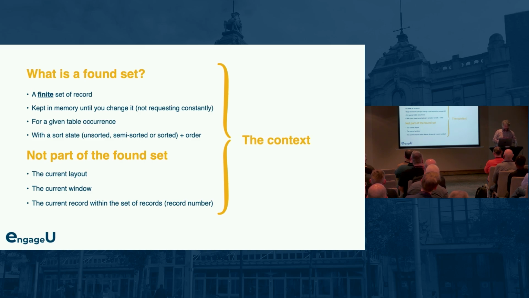Another great concept of FileMaker that includes the found set. Okay? I think probably there might be other definitions. You could agree or not. If, for instance, the window is part of the found set, right? Or you could have a different one, but I will be in this paradigm, okay?